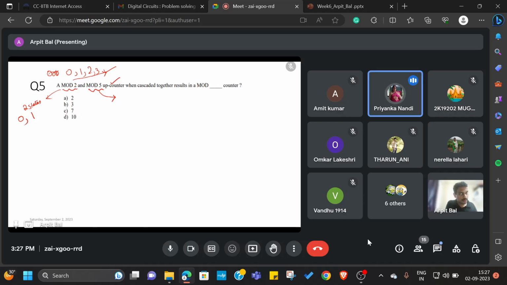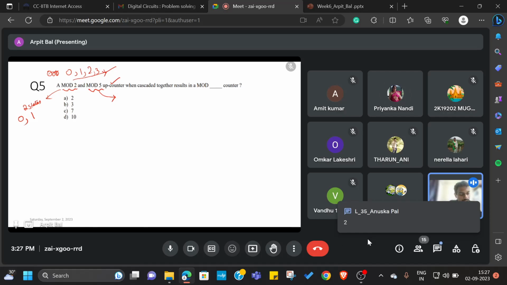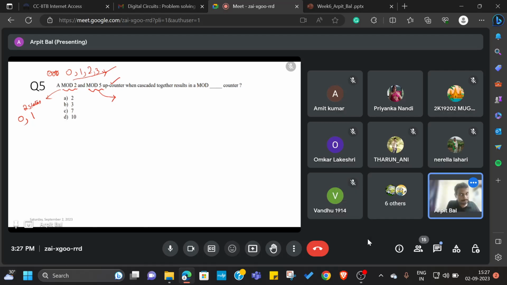So I have to represent 5 states. To represent 5 states, how many flip-flops will I need? Three, correct.